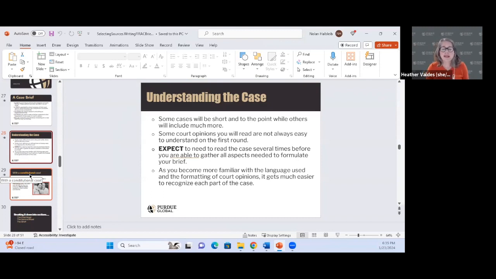The more case law that you read, the more familiar you will become with the formatting and the language, and the more comfortable you will become with creating a case brief. The first few take a little getting used to because you're working with a new format and this new type of writing and reading.